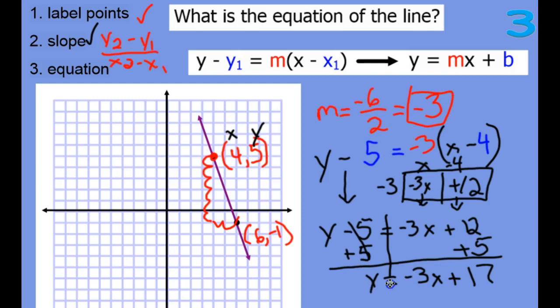So this is our slope-intercept form equation. We have y equals negative 3x, negative 3 is the slope, plus 17, 17 is the y-intercept. So this is what we're going to be doing today. We're going to be finding equations and converting them.